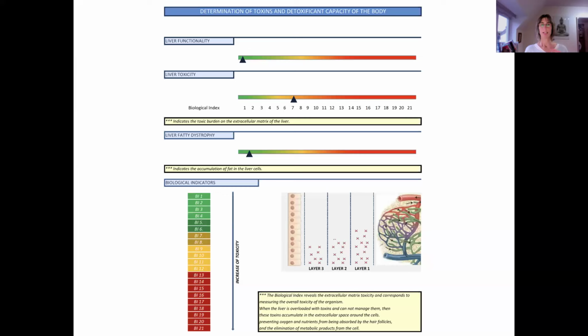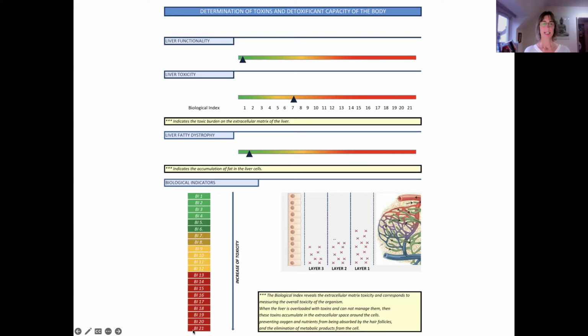Now, when the liver can't deal with processing so many toxins anymore, those toxins and a lot of the kind of microorganisms we might unknowingly absorb in our bodies, they spill over into something called the extracellular matrix, which is what this slightly odd looking bottom part of this slide is showing us.